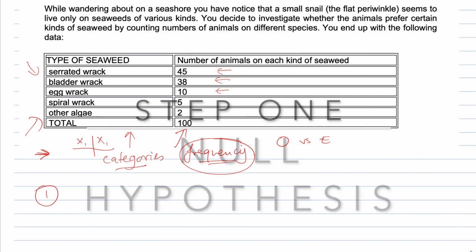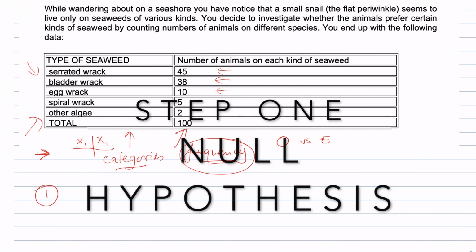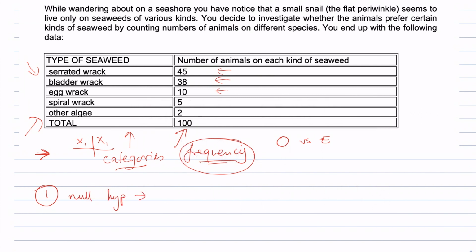So first step, not going to mess this up this time. First step, we are going to make a null hypothesis. And in this case, the null hypothesis, remember, is the opposite of your experimental hypothesis. Now, if I'm a biologist and I know some things about species, adaptation, niche, and so on, I would think that animals have a certain set of adaptations.